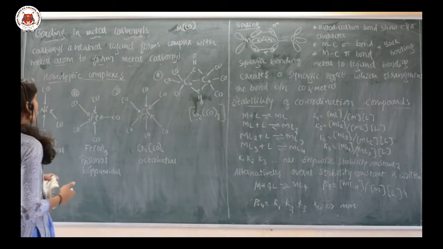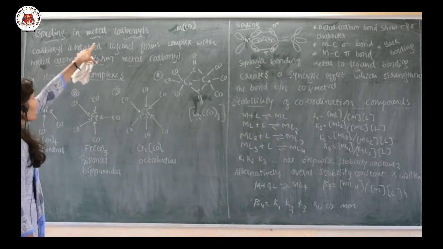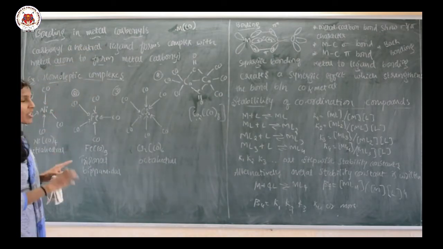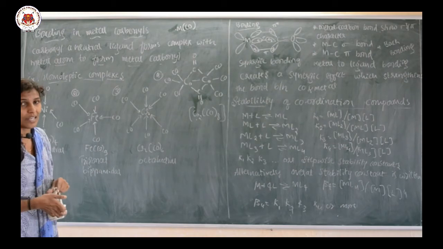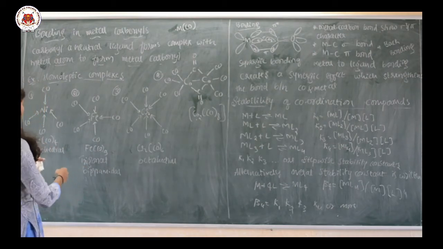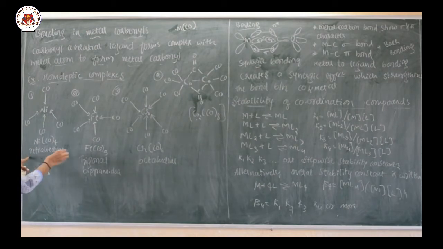Examples of certain metal carbonyls are homoleptic, which means similar ligands, or carbonyls, are present. The first example is Ni(CO)4, which is tetrahedral in structure. That is tetracarbonyl nickel, and the oxidation state is 0.